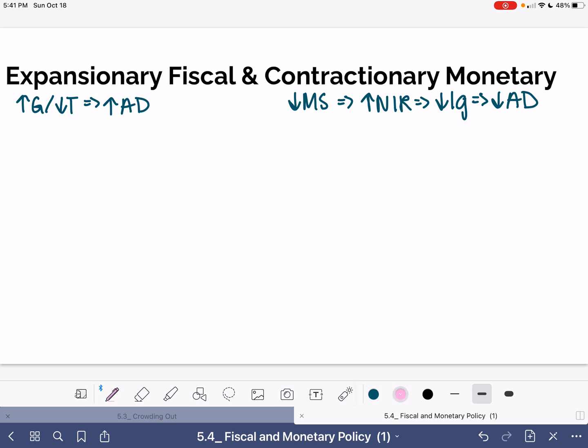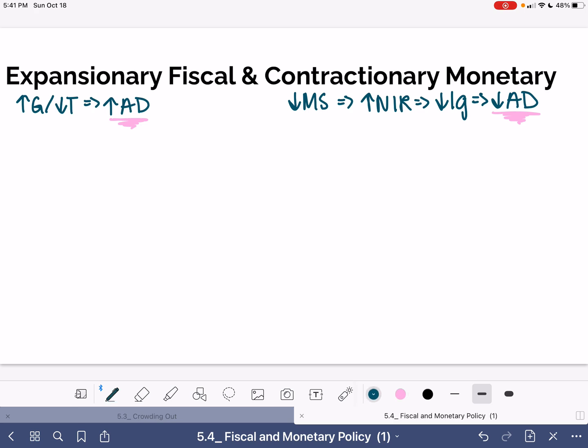So we already know, first, aggregate demand is moving in different directions. We have expansionary fiscal increasing it, but then contractionary monetary decreasing aggregate demand. So we have some conflicting changes in spending here. They're not really working together. They're working kind of apart from each other.